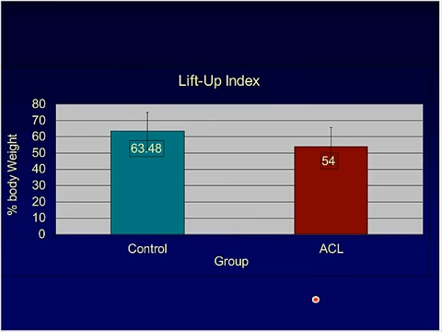So they were potentially stronger. The lift-up index would be higher than the ACL group. That follows the definition that Neurocom has conveyed, and makes sense if you're thinking about someone whose neuromuscular control is possibly not compromised or pain's not an issue.